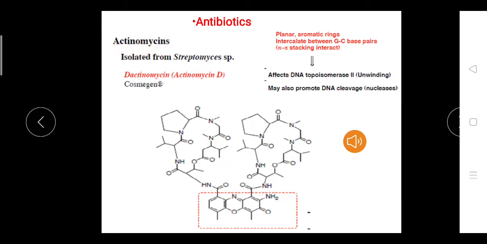Actinomycins are obtained from some species of Streptomyces. They all contain the phenoxazone chromophore ring, which is responsible for the yellow-red color of the compound.